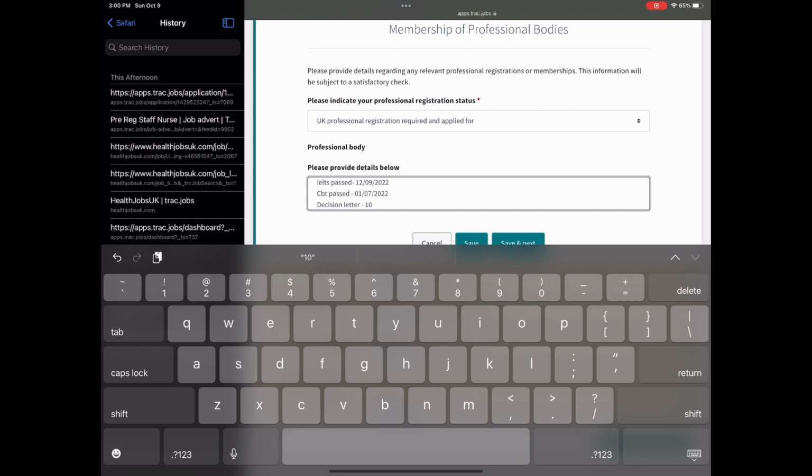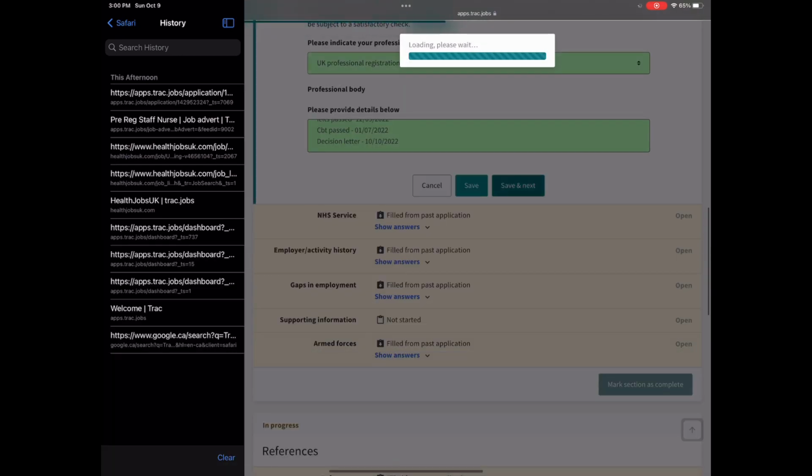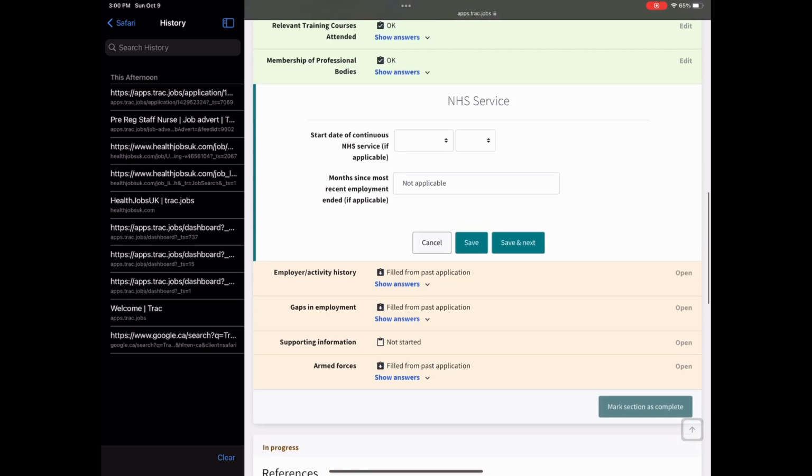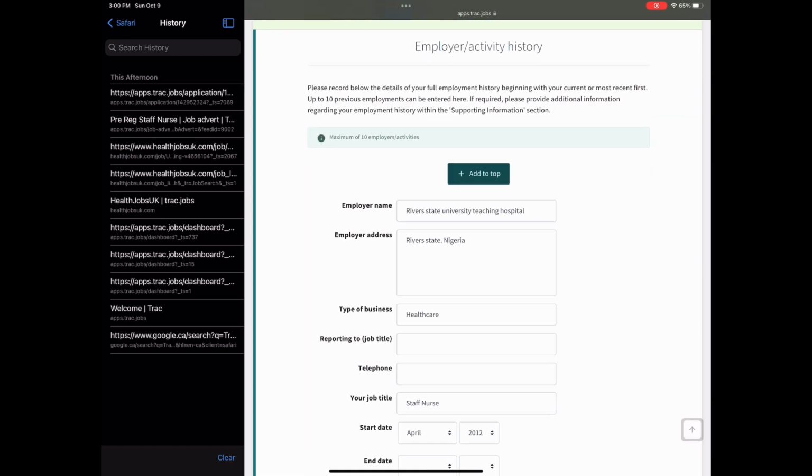In fact, I think it's better to put it in the first paragraph so that at a first glance, the recruiter can see, okay, this person has done all of this. Now, for NHS service, if you've not worked in the UK with the NHS, just put not applicable. If you have, you put the date and then as it applies.